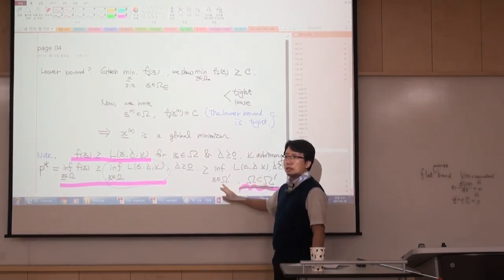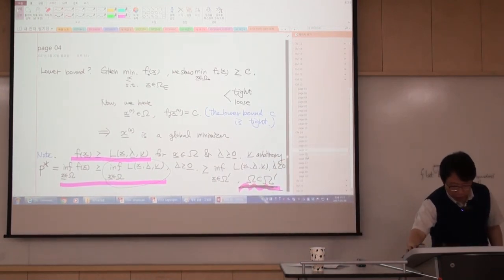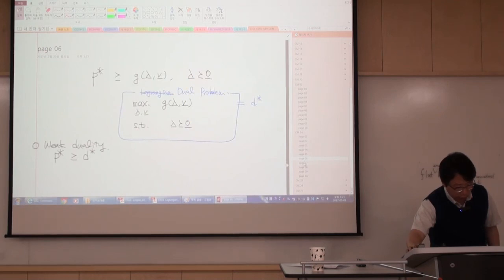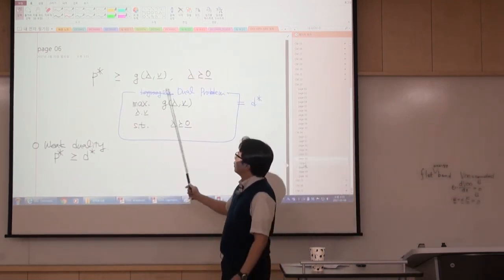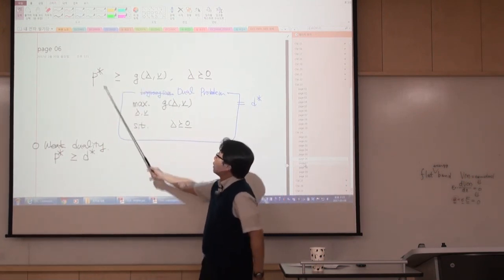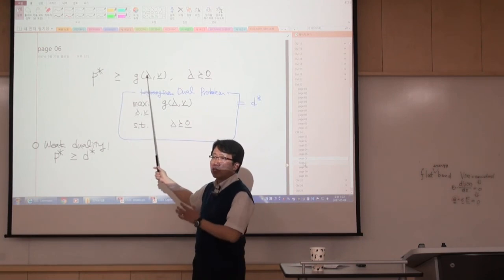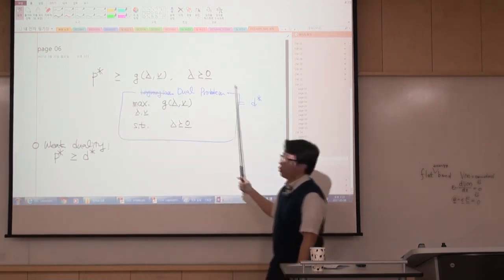Got it? Anyway, whenever you choose omega prime, great, including omega, the original constraint set, you have this relation. And given that this is constant, you can maximize this right-hand side. That gives you the dual problem.